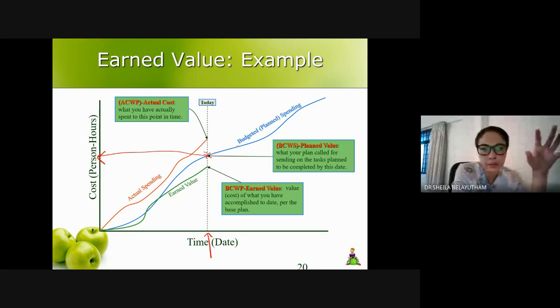So you need to redo the network analysis with new figures that represent the actual data. Let's say on the data you gathered from finance, the accounts, once you accumulate everything, finally at this week you have spent this much, and also the earned value you have attained this much.